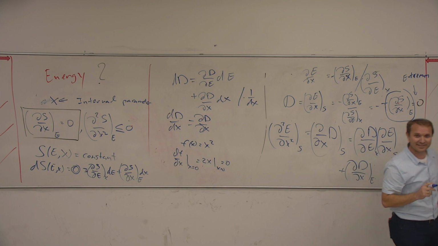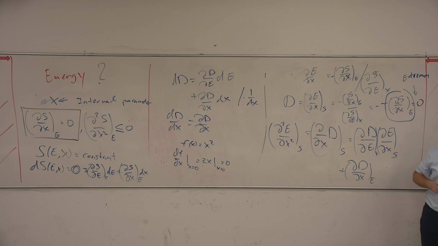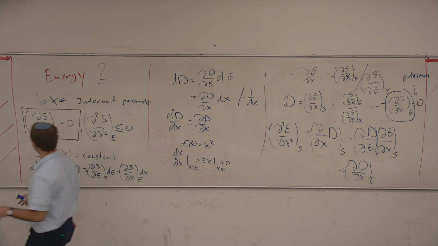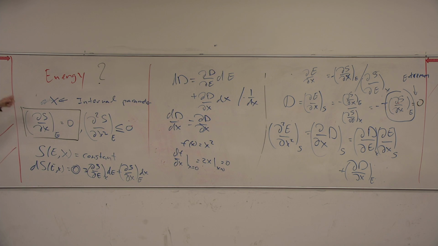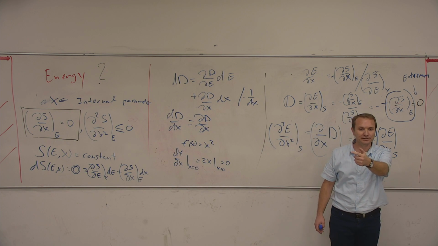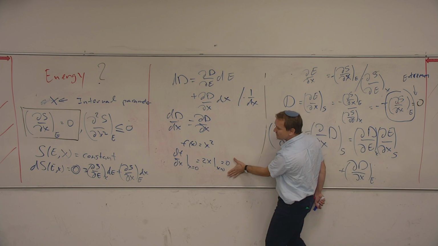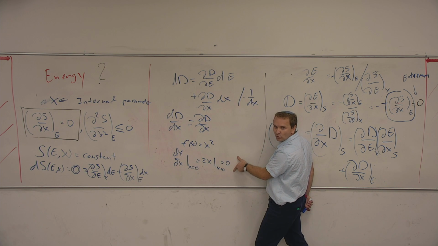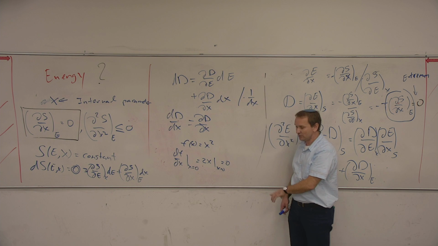So it says that if the derivative of entropy is 0. It's not if, it is 0. So it means that it doesn't depend on the internal parameter. No, not exactly. Locally it is 0. But if I'm taking the second derivative, look at this example. df/dx equals 2x, and if x equals 0, it equals 0, right? What is the second derivative? 2.